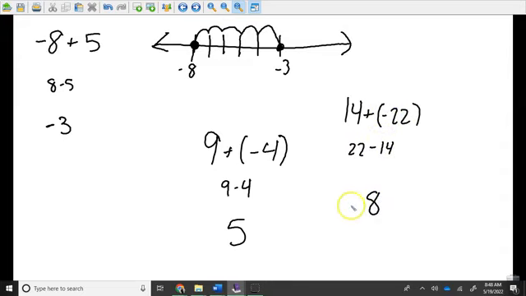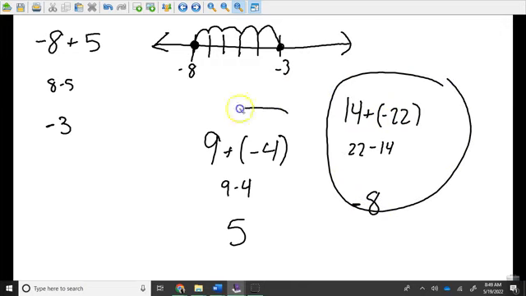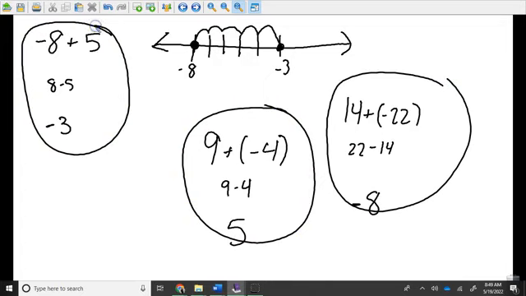The negative is bigger. 22 is bigger than 14, so my answer will be -8. Pretty simple stuff.